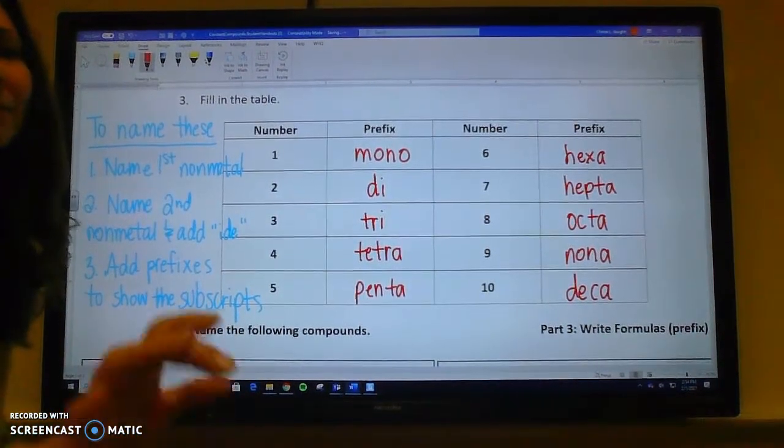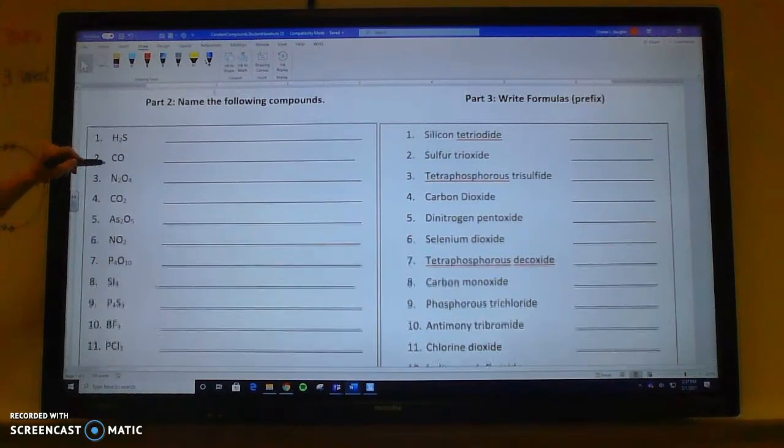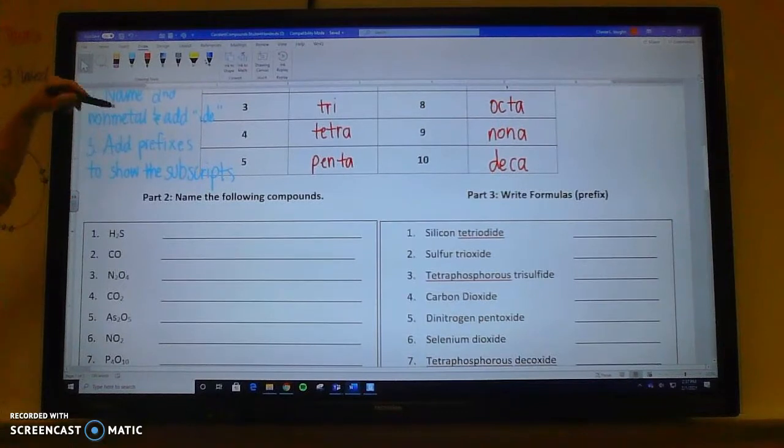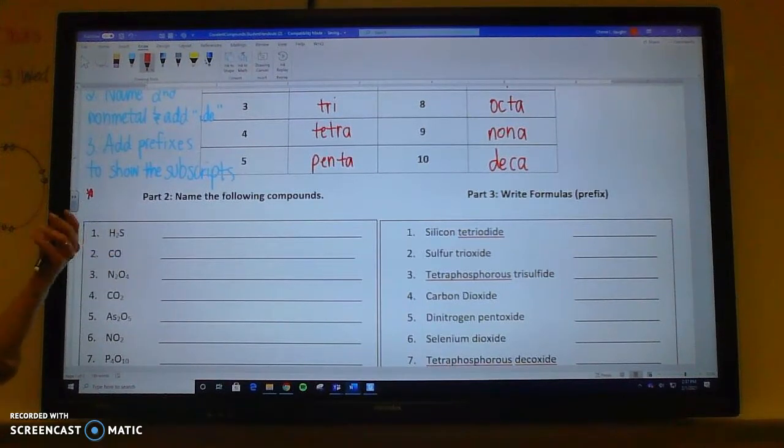Let me pause this. So part 2 is naming these. We have to add an exception to these steps. Y'all know how y'all wrote down steps 1, 2, and 3? You're not going to see one super tricky on your test, but for the practice, you are going to see tricky ones.